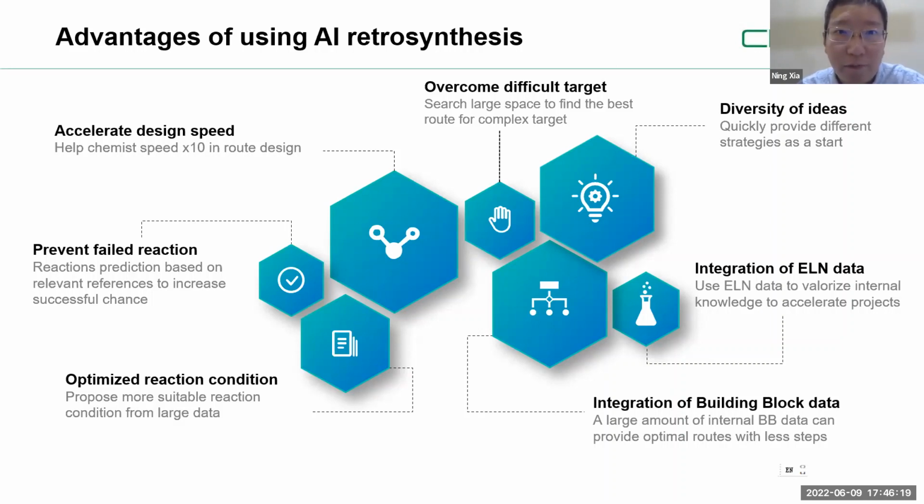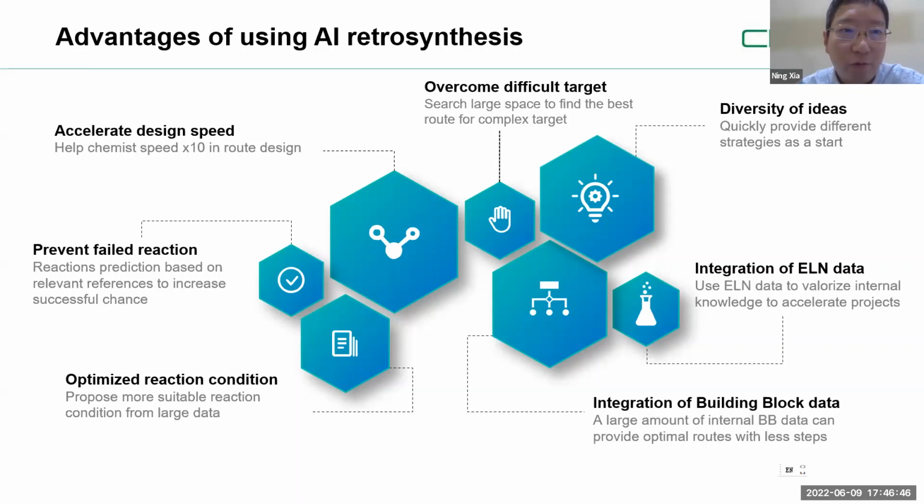It also gives you a diversity of ideas, so when one route didn't work, you can try another. So it's very useful. Of course, I just said it can prevent failed reactions. Some reactions, a human who is not quite experienced won't know. But with failed reaction data, ChemAIRS can predict some reactions which could fail.